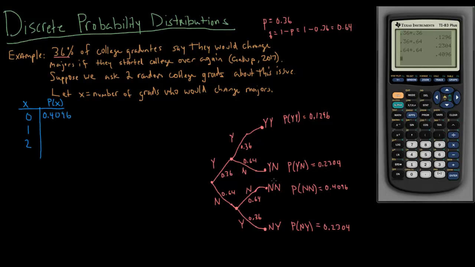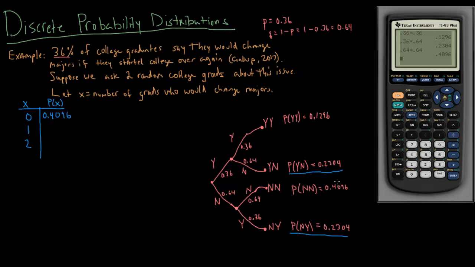The probability of one person changing their major, well, there were 2 different ways somebody could want to change their major. The first person would say yes, the second person would say no, but then the first person could say no and the second person could say yes. So both of these satisfy X equal 1. That is, one person wants to change their major.